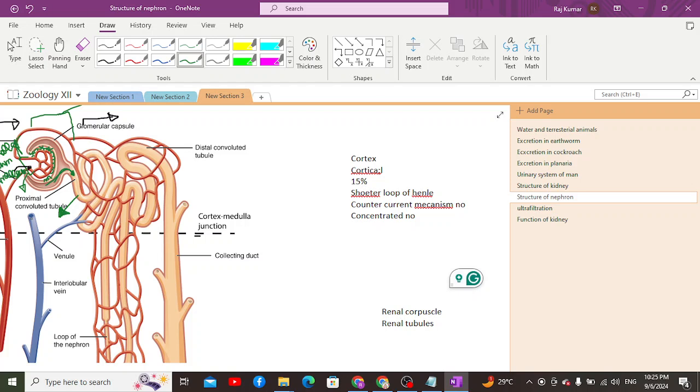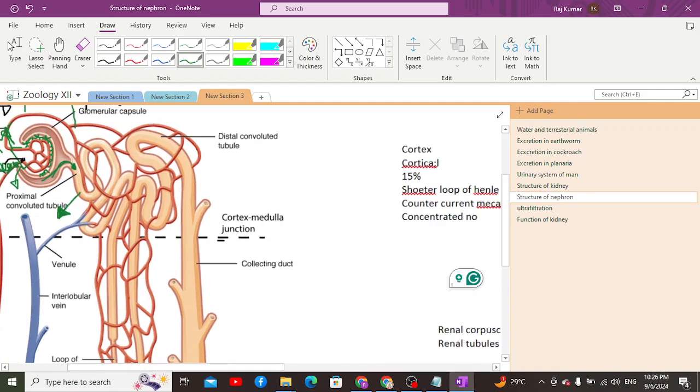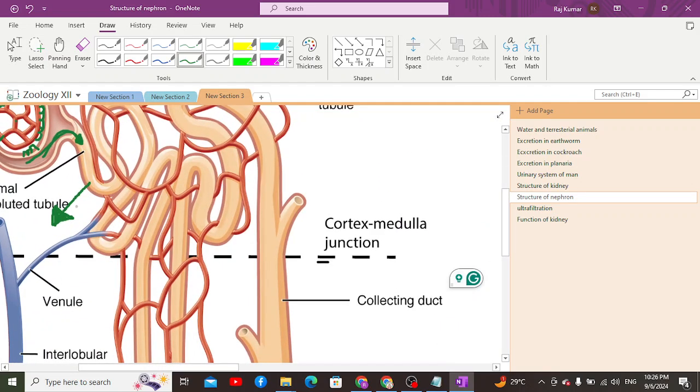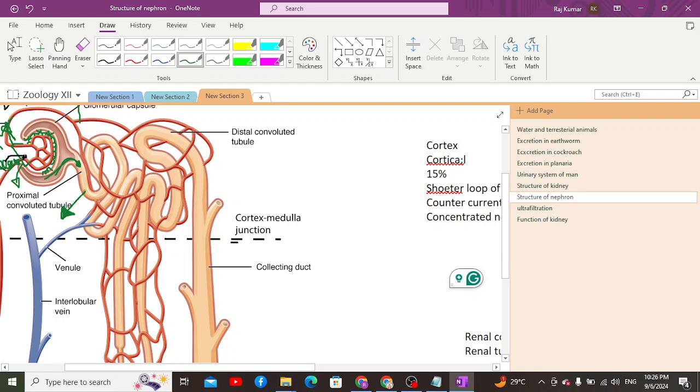For example, glucose, amino acids, water, and electrolytes are all materials that are, filtered out is not a good word, we can say selectively reabsorbed into the capillaries which surround the PCT.